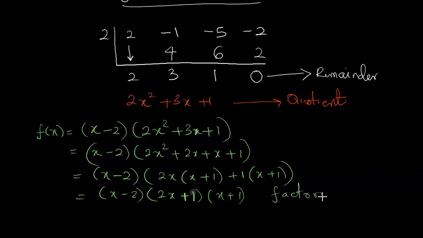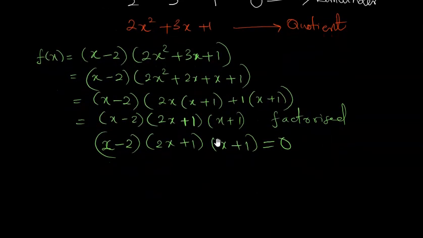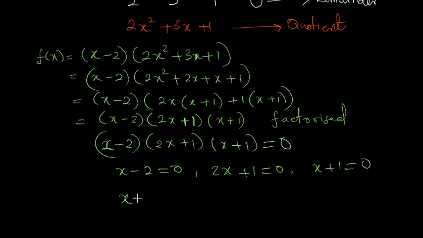To solve it we just equate this to 0. So solving, we have x minus 2, 2x plus 1, x plus 1 equal to 0. Now we are ready to solve it. Obviously we have x minus 2 equals 0, or 2x plus 1 equals 0, or x plus 1 equals 0. So this becomes x equals 2, x equals minus 1 over 2, and x equals minus 1.